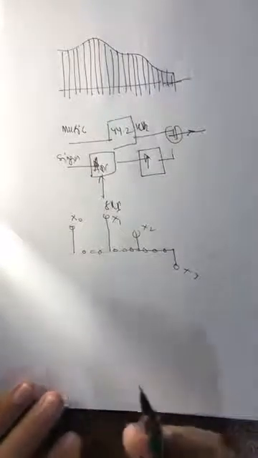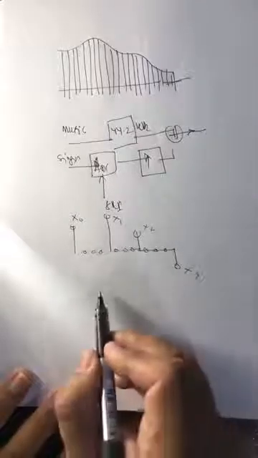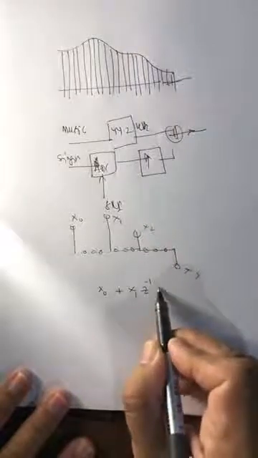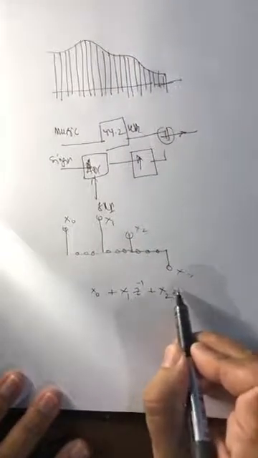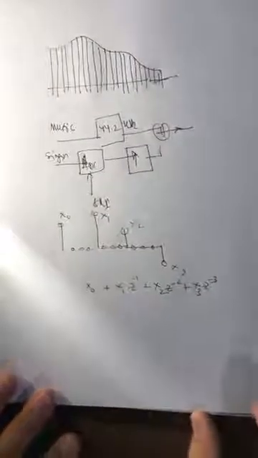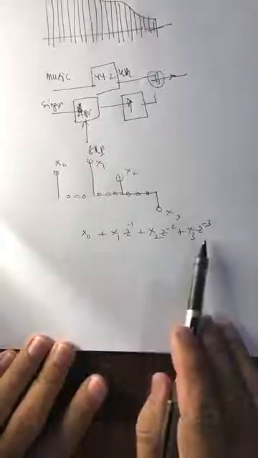So its Z transform would be x0 plus x1 Z inverse plus x2 Z minus 2 plus x3 Z minus 3. This is what the Z transform will be, right?